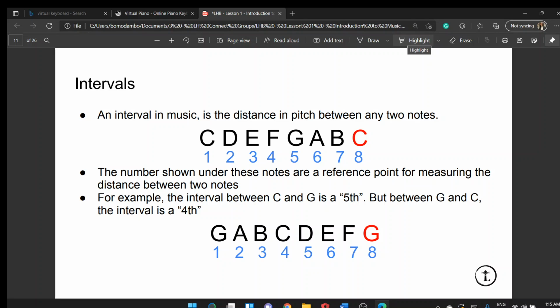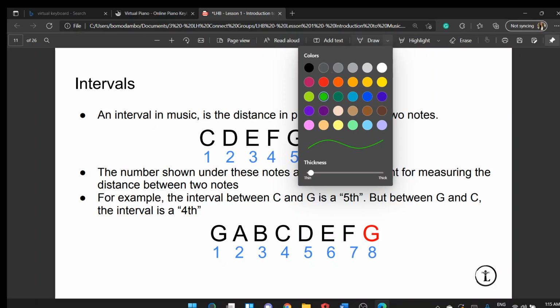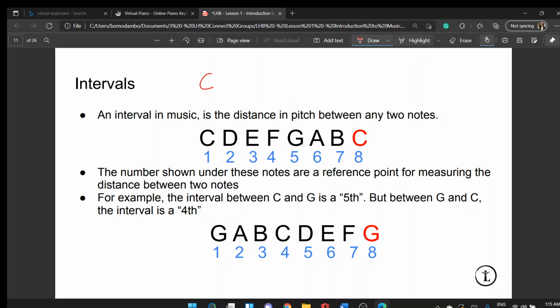If someone's asking you what's the interval from a certain note, and that note is C, and they're asking you what is the interval between C and E, you start from C. 1, 2, 3.